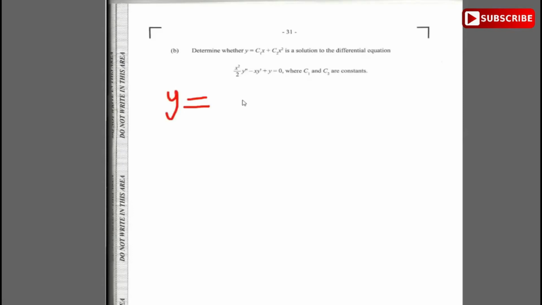So we know y is equal to c1x plus c2x squared. That is y. All right, let me rewrite this better.